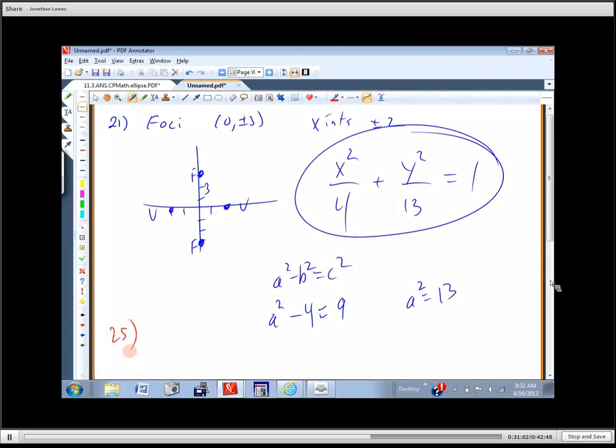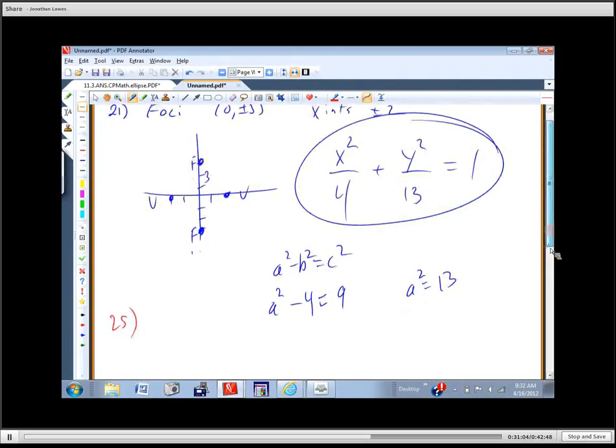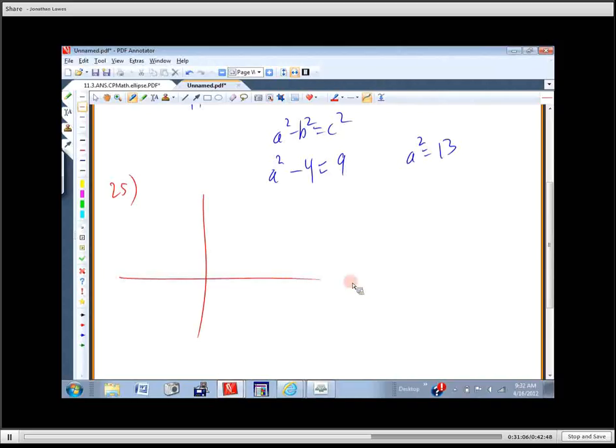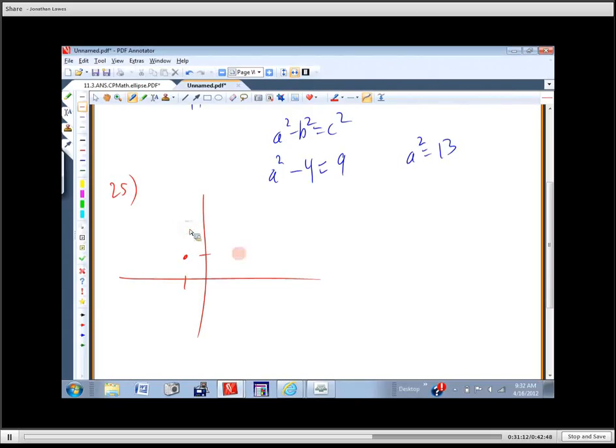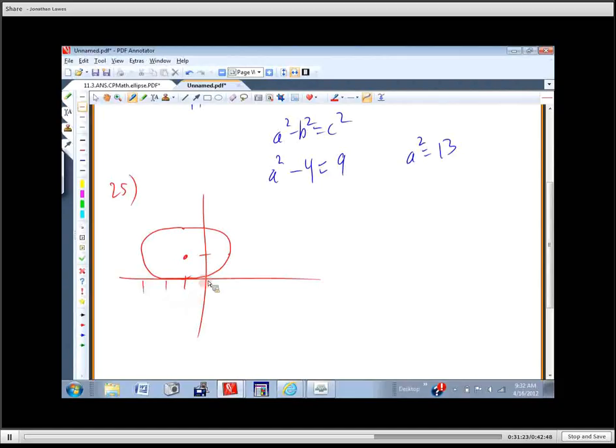Good to move on? Okay, 25 looks like this. It has a center at, let's see, about like this. Not so potato-y though. You said I had a center of 0, 0. Oh, did I?